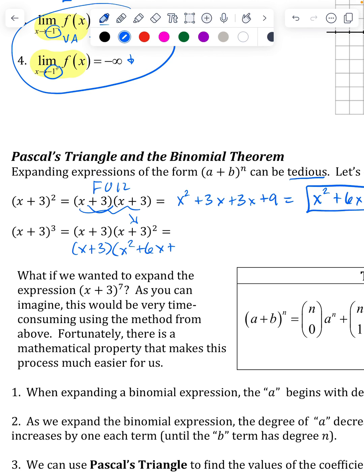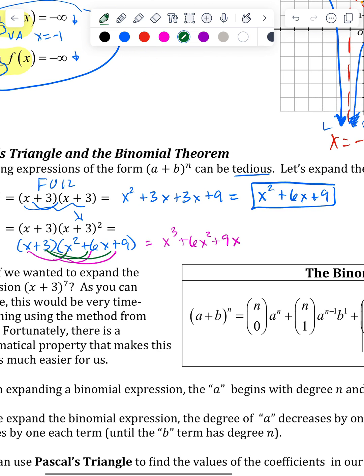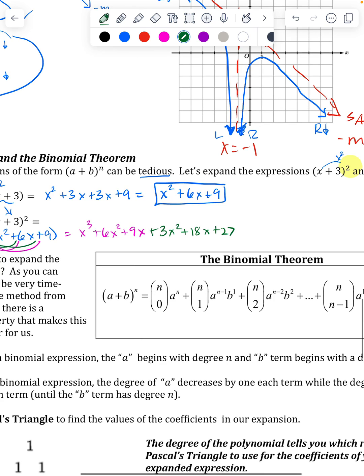And then we'd have to double distribute that, meaning go through and multiply this x by each thing, which would give me x cubed plus 6x squared plus 9x. Then I'd have to go back again and distribute this 3 to everything. So that would give me 3x squared plus 18x plus 27. And then I would have to put those together and get my answer.